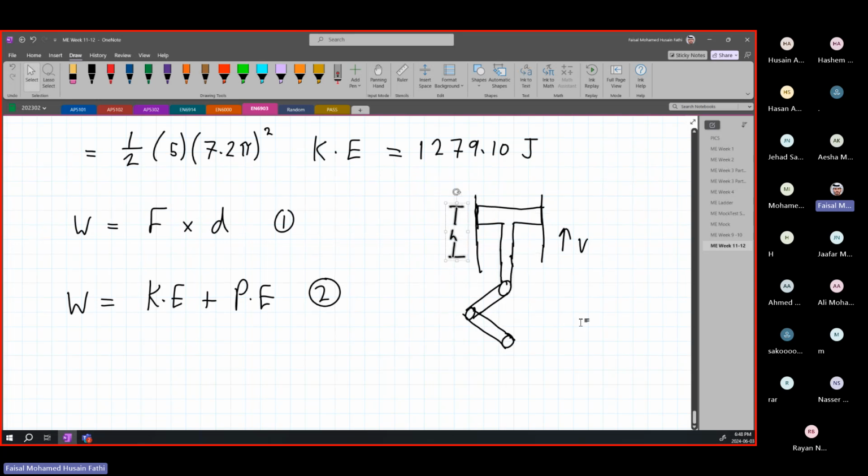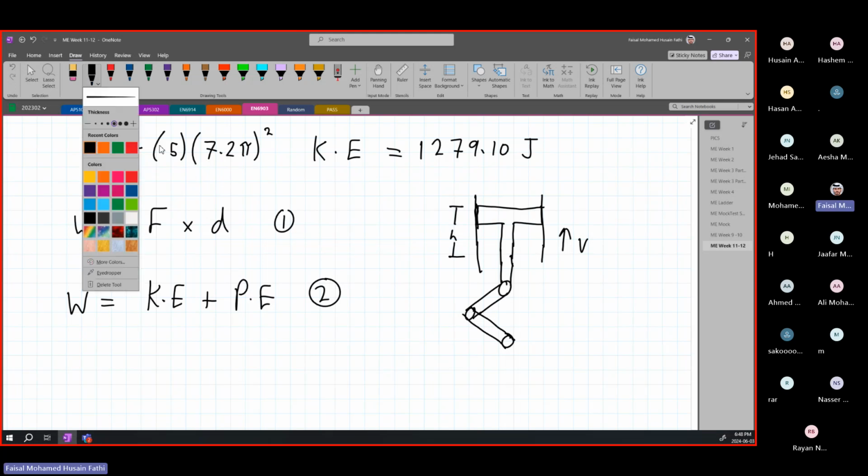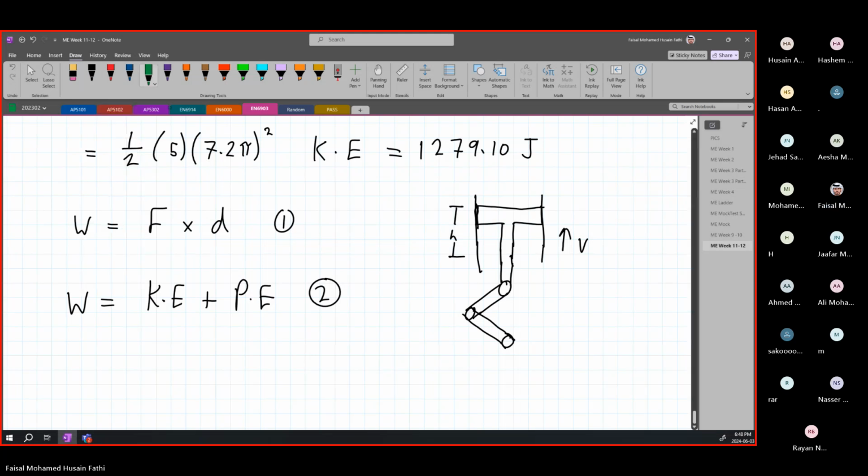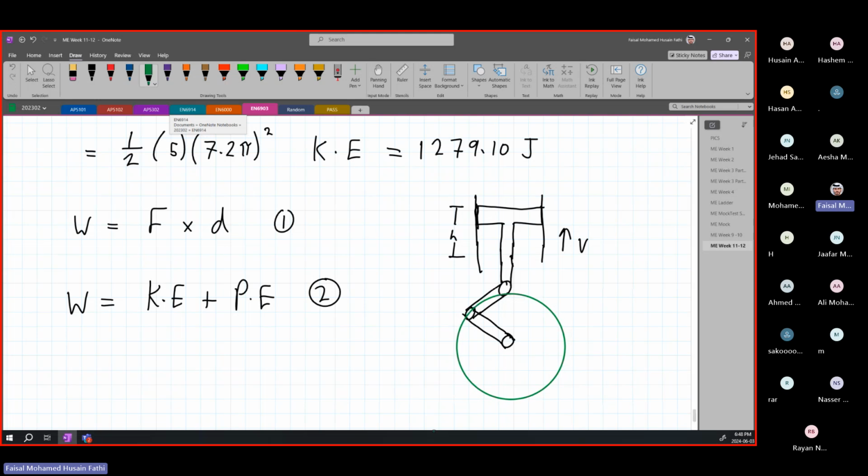So what is this height? How do we know the value of this height? So remember, when this is moving in a circle, right? Let's try to make a better circle. So when this is moving in a circular direction, the height of this, when this reaches a point down here, let's color code it so you guys have a better understanding. So when it reaches a point down here, all right, this is going to be pulled all the way down till here.